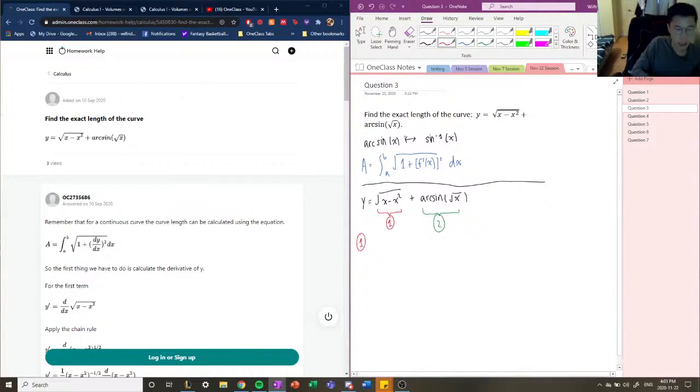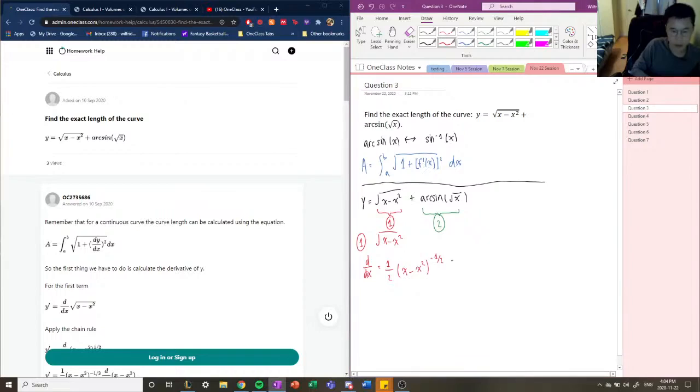So 1 is the root of x minus x squared, right? So the derivative of that with respect to x would equal, so this is a chain rule, so we have to evaluate the outside function first, which is the root. So we're going to move the exponent down, and then minus 1 from the exponent at the top, which would give us negative 1/2.